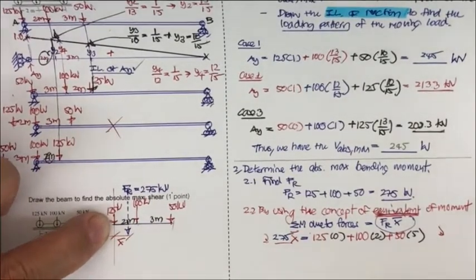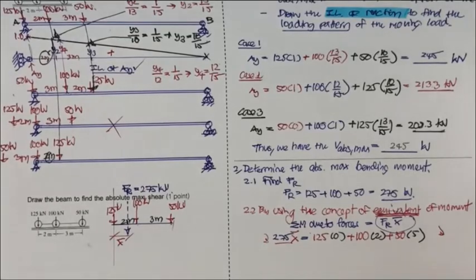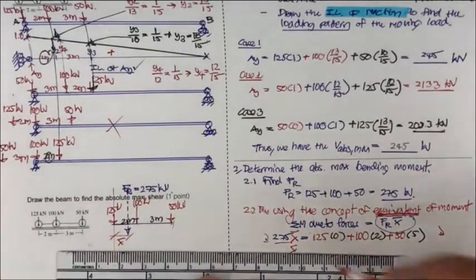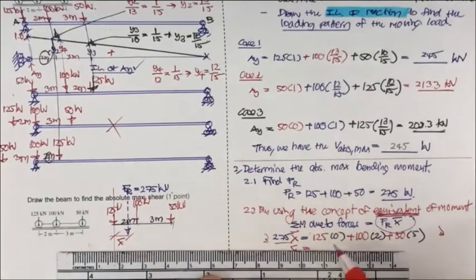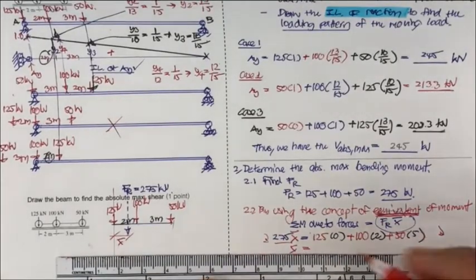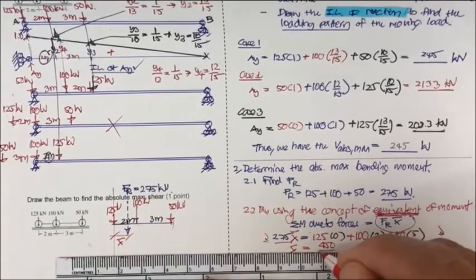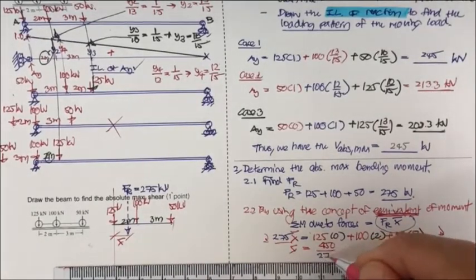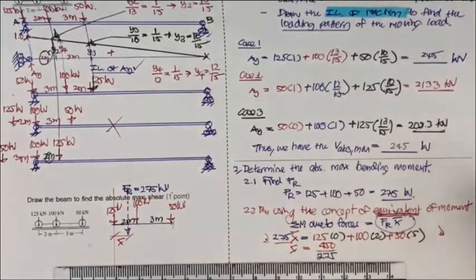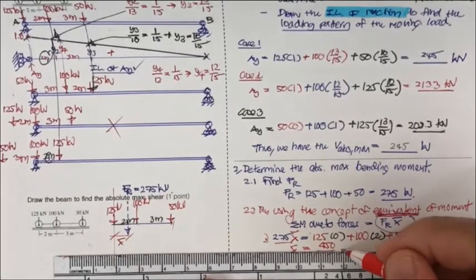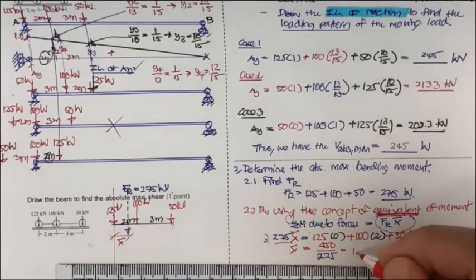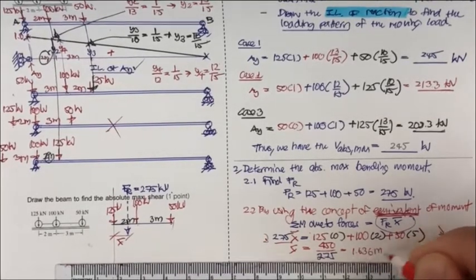You put them into your calculator, you're going to have X bar equal to 0, 200, 250, that is 450, divided by 275. And then you get the X bar of 1.636 meter.